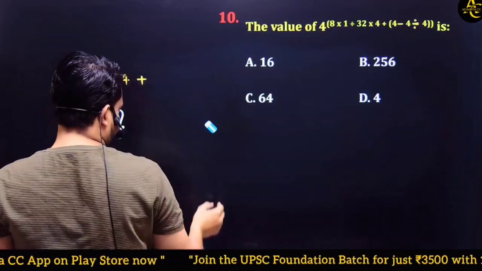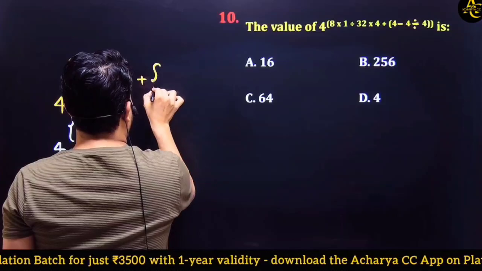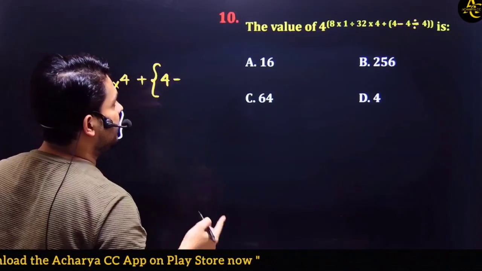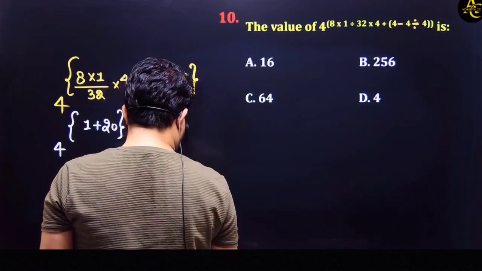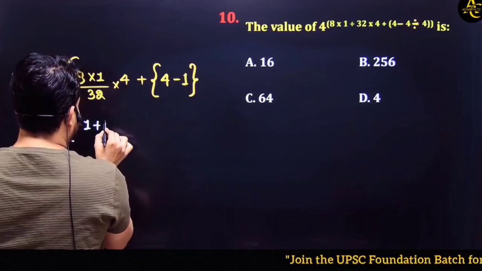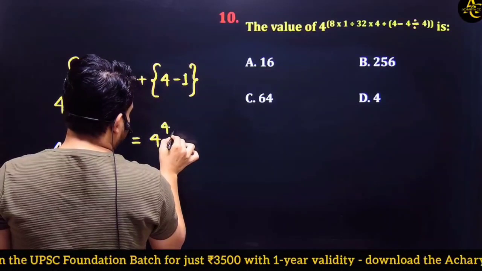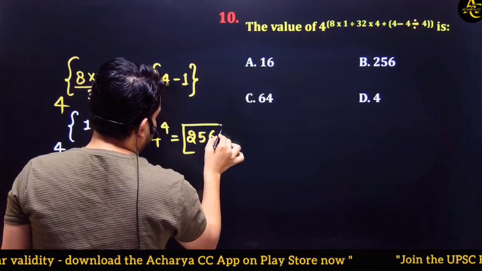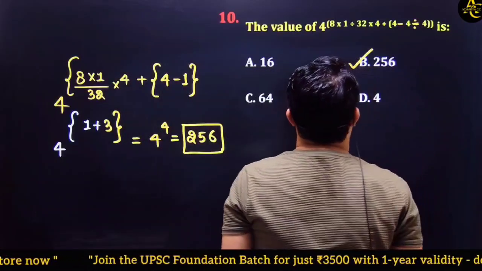How? Now we have 4 minus, and 4 divided by 4, I have 1. So now what I have? 1 plus 4 minus 1 is 3, and 4 to the power 4, and 4 to the power 4 is equal to 256. So we have corrected the question. 256 is the correct answer.